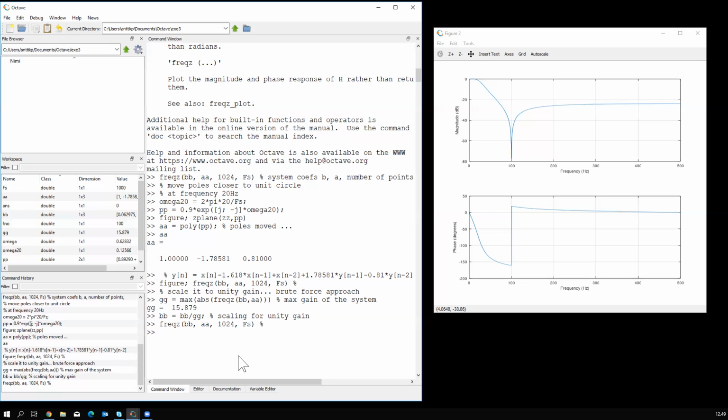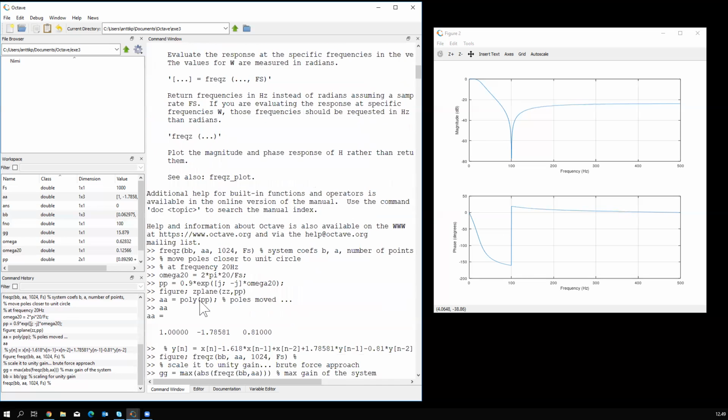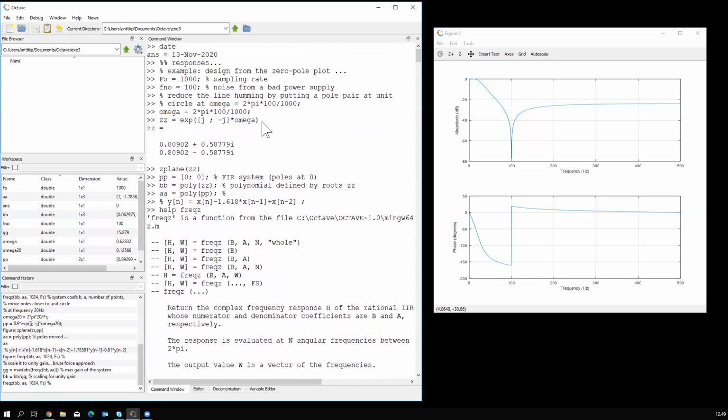So this is how you design a system starting from some parameters: okay, sampling rate known. We have done some frequency analysis and noticed there's noise from a bad power supply, 100 hertz.